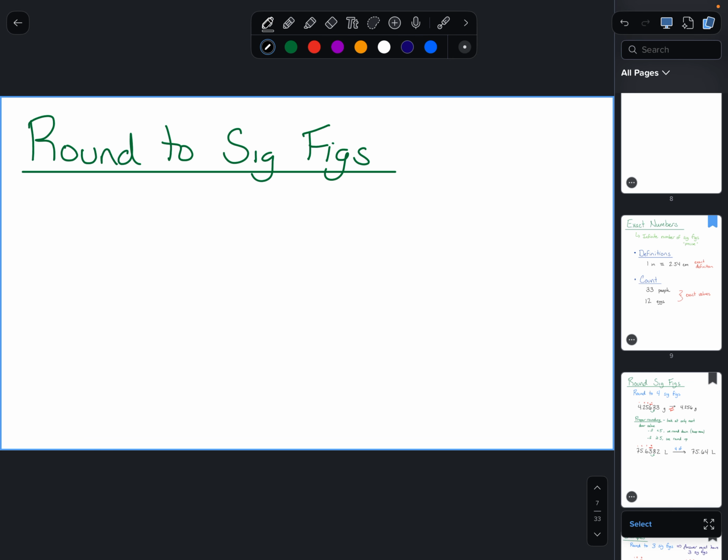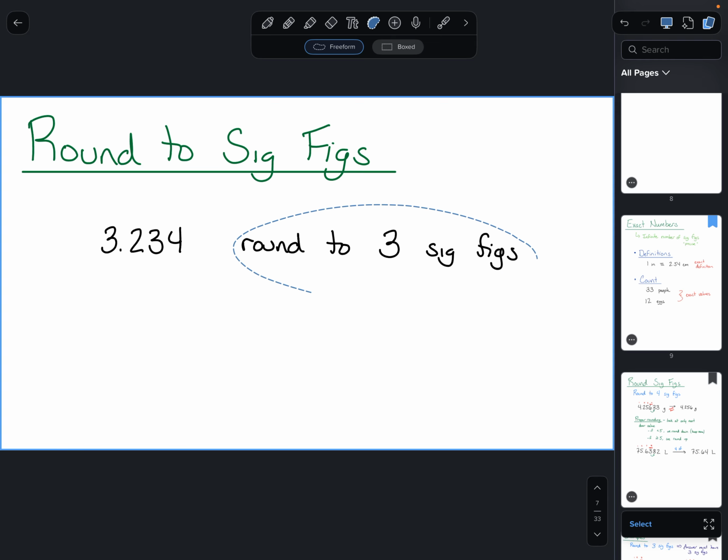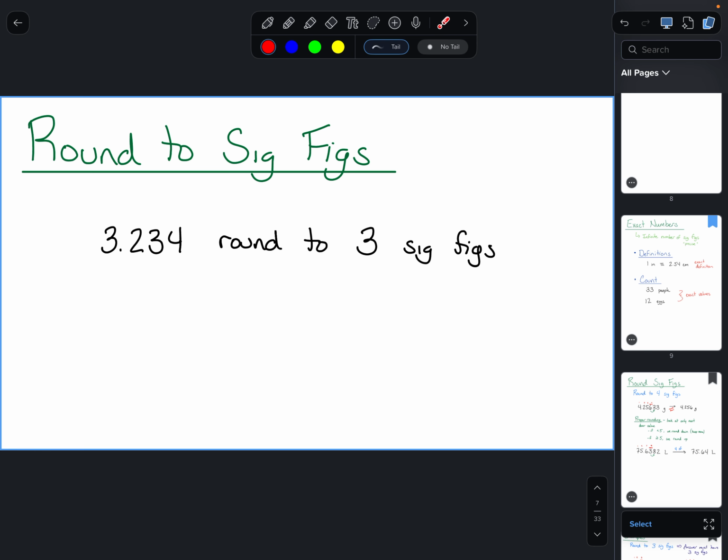We're going to take an example here: 3.234, and we're going to round to 3 sig figs. And I picked 3 completely arbitrarily, just to do an example here. There's going to be a logic behind how many we round to when we start doing calculations, but right now, I'm just arbitrarily picking 3 sig figs.